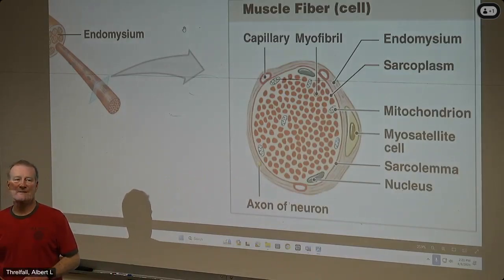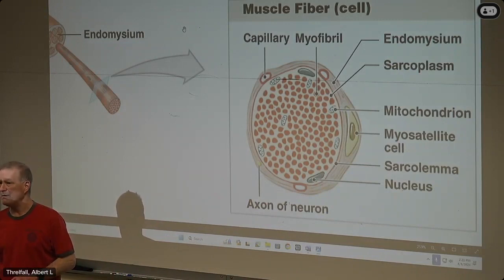Now, these words are similar. What was not the superficial most, but just deep to the fascia? What's the outer boundary of the whole muscle? Epimysium. And the outer boundary of a fascicle, perimysium. And the outer boundary of a muscle cell is endomysium.